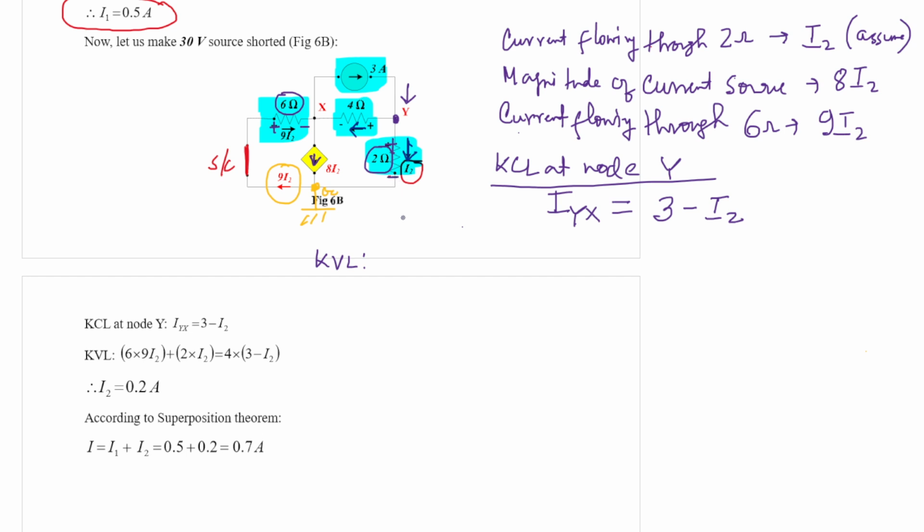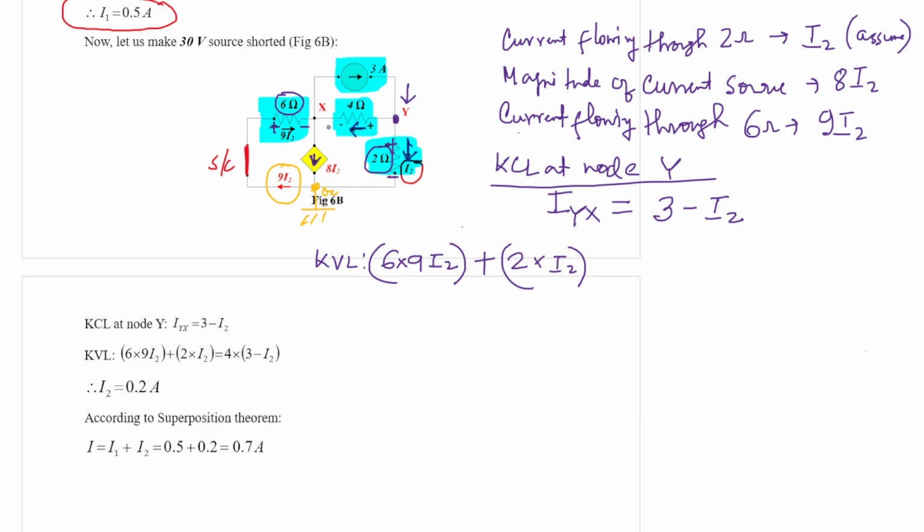So let me write 6 into 9I2, the potential drop across the 6 ohm resistor, plus 2 into I2, the potential drop across the 2 ohm resistor.